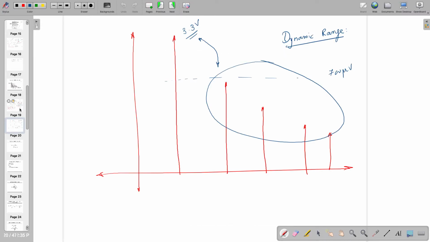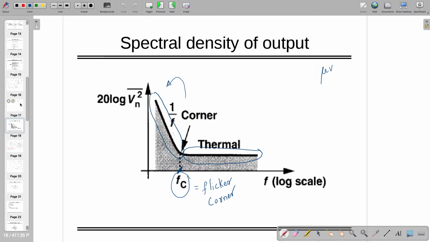Is there anything you are bothered about? Okay, how to find that flicker problem. Flicker, okay. This corner you will get when you are simulating the circuit. And it depends on the value of capacitance also.